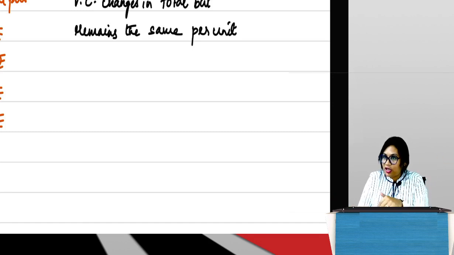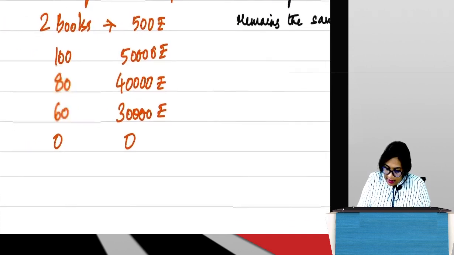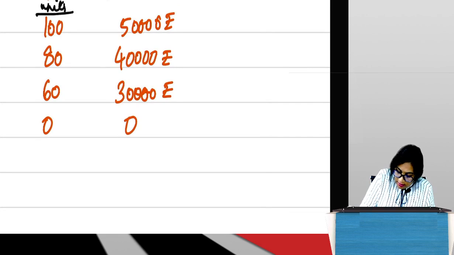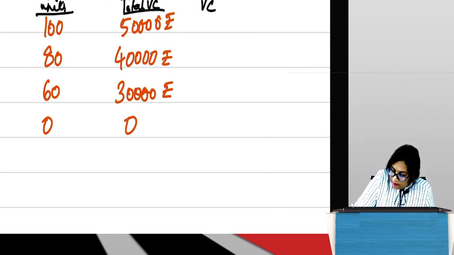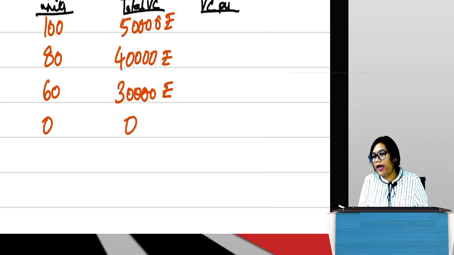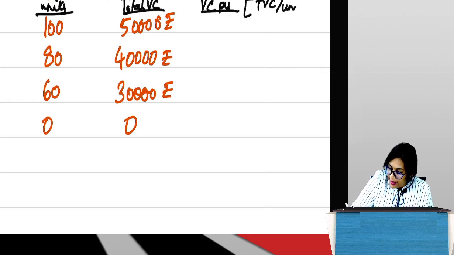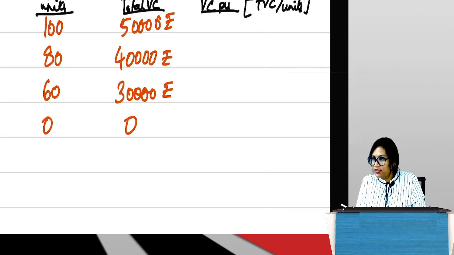Now for variable cost, let's calculate. So here we have units here. We have total variable cost here. Let's calculate variable cost per unit. How will you calculate variable cost per unit? Total variable cost by total units, correct? So in the first case, what is our total variable cost?